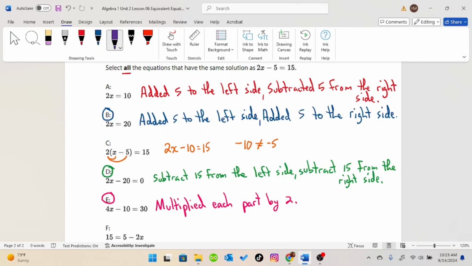So they multiplied the left side by -1, but the right side by +1.